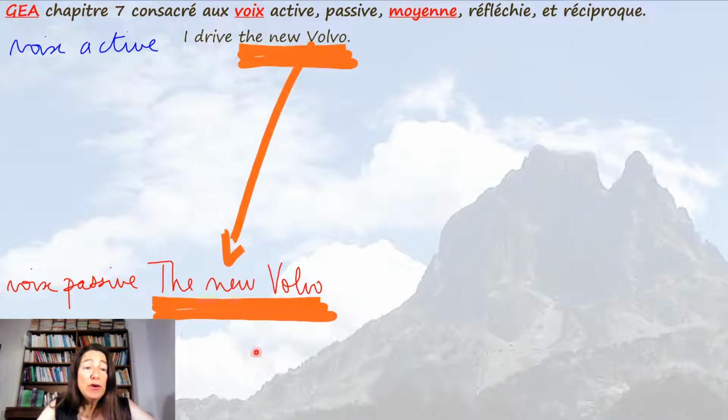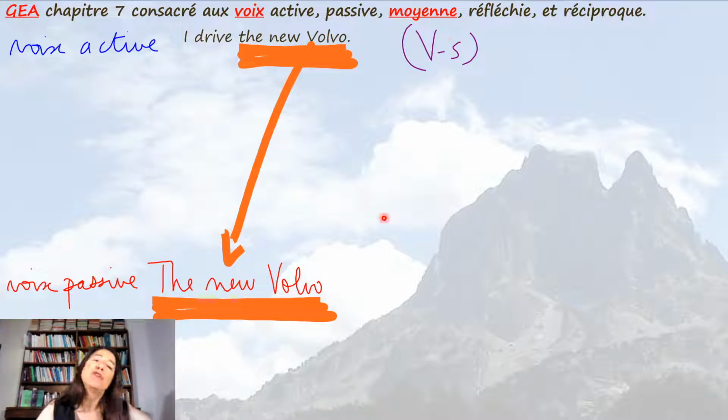Well, the subject of the passive voice is what used to be the object, le complément, of the active voice sentence. And in this active voice sentence, the verb drive is in the present tense, and this is the symbol for the present tense.